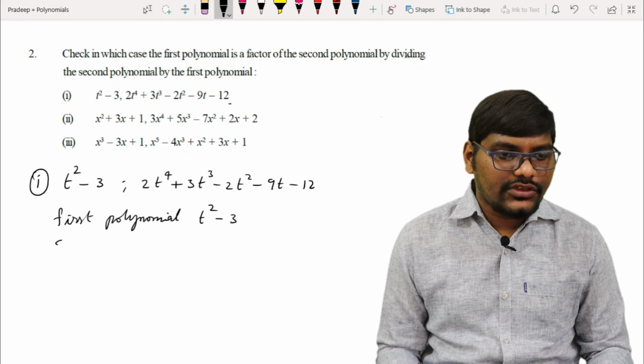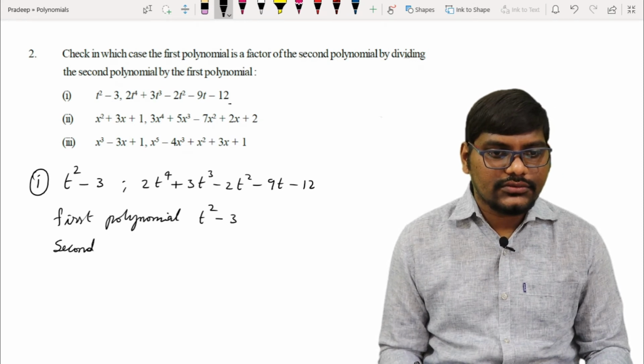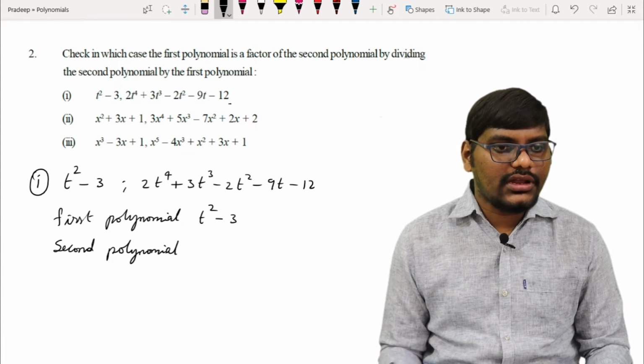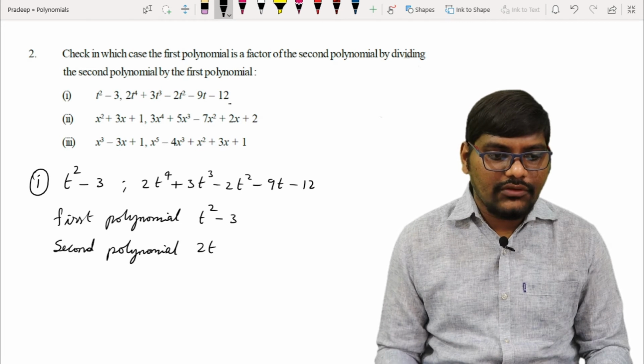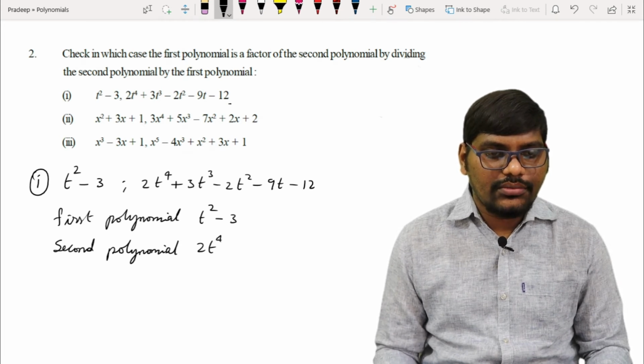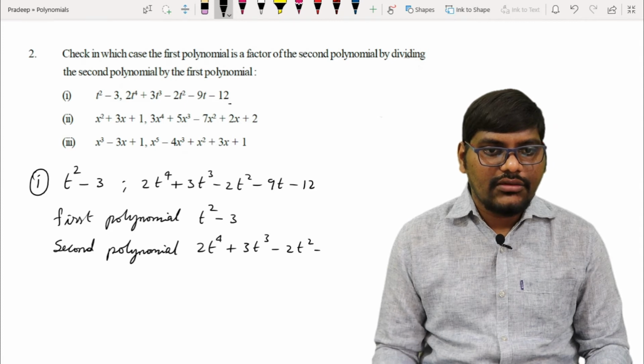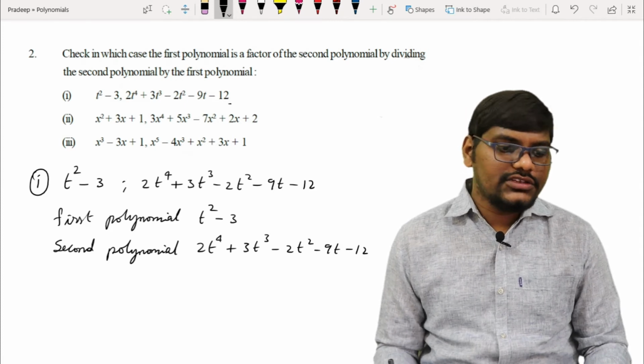Okay, the second polynomial, what is the second polynomial? This full one is the second polynomial. I'll write here 2t power 4 plus 3t cube minus 2t square minus 9t minus 12.